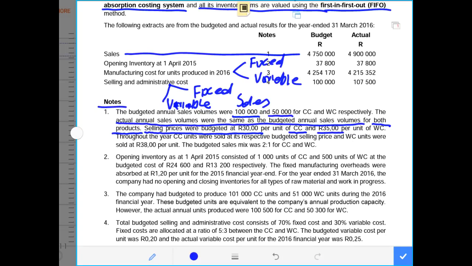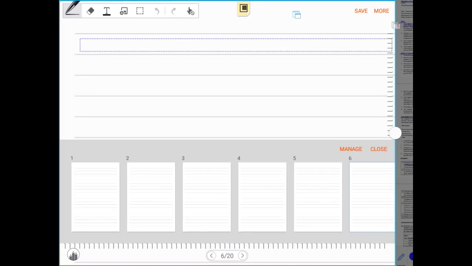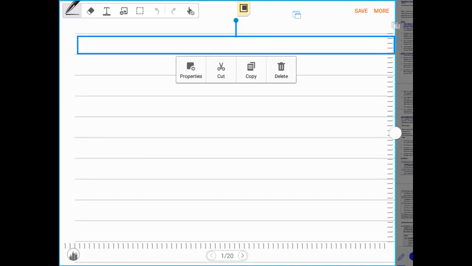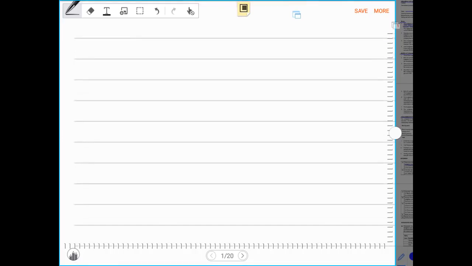And from this point, I think I have to classify my information according to the products that I have, more especially when it comes to the cost aspect of this product. So now I want to have my heading to say I have two products, which is product CC and product WC. So now I want to say I have sales per unit, just to provide my cost per unit, sales per unit.